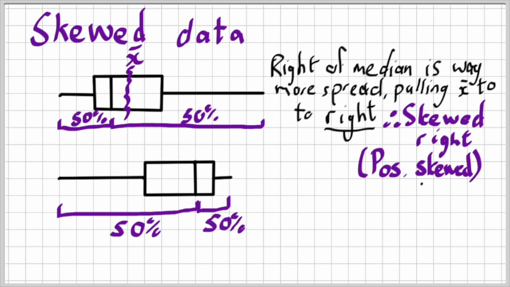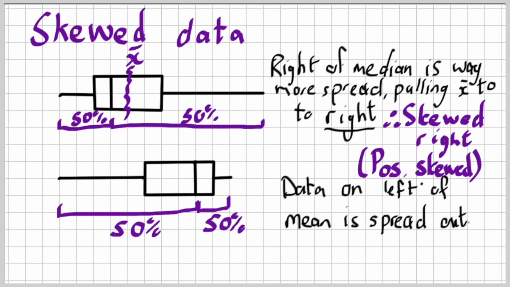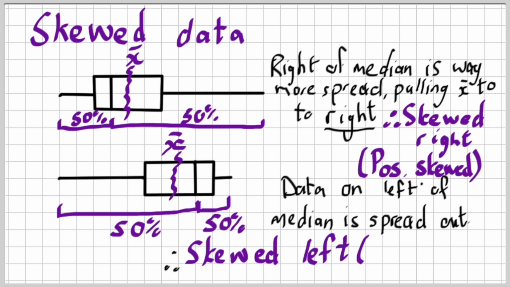That means that the data on the left of not the mean, my apologies there, the median is spread out, which means my mean is being pulled to the left. So in other words, it's skewed to the left or in the negative direction. So it's negatively skewed. Okay? It's all about the spread.